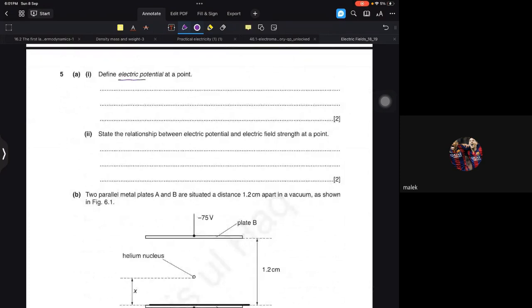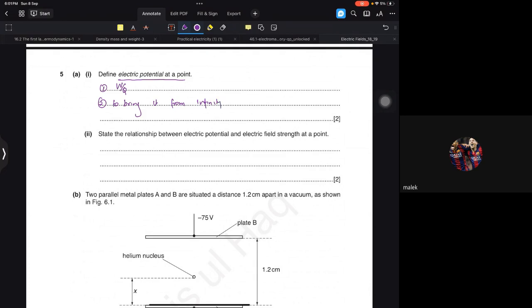Electric potential at this point, you already know. It is work done per unit charge. And then the second mark is when you write to bring it from infinity, right? So this is the second one.